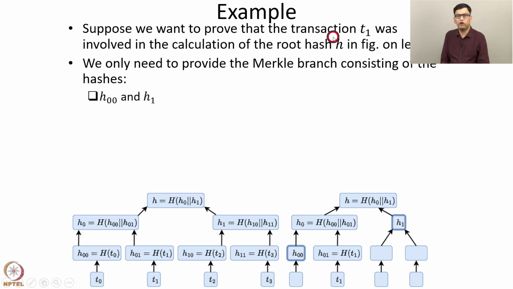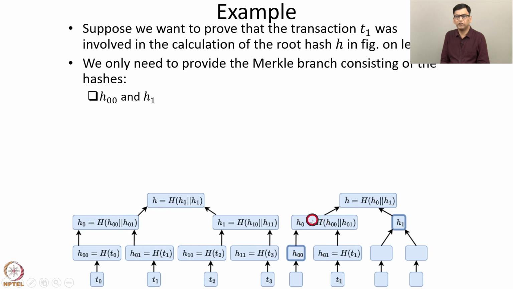Now Bob knows the value of T1 and Bob has been provided this Merkle branch which consists of the hashes h00 and h1. Now let's see what Bob can do. Bob can compute the hash of T1, that is h01, and Bob has been provided h00, so he can concatenate h00 and h01 to get h0.